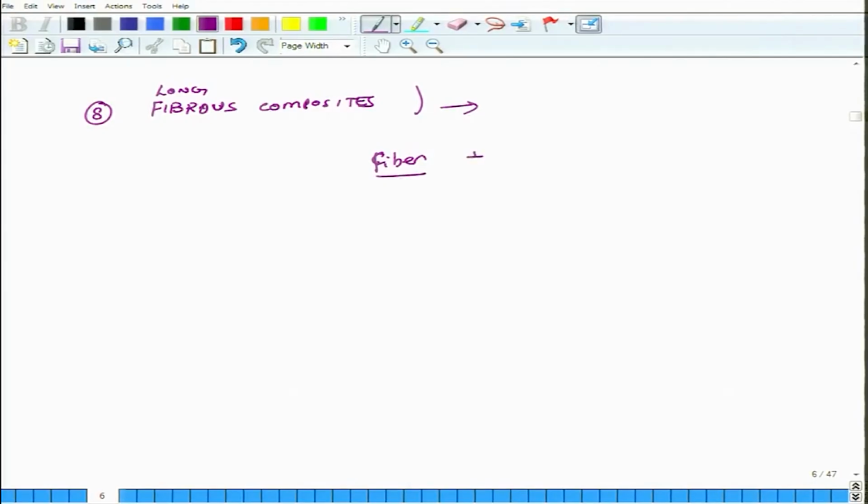So, of course, there is a matrix, and then of course there are some additives, and these fibers could be of different types: glass fibers, or some polymer based fibers, or carbon fibers, or nylon fibers, or even metallic fibers, and the matrix is made up of some polymer, and you get different types of composites.